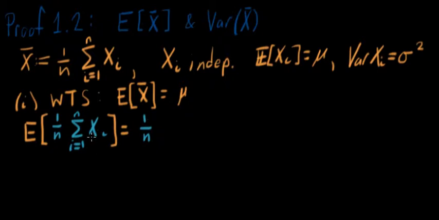So we take 1 over n out, but then we can split this up as well by linearity, so we end up with the sum over the expectation of all of these xi's.